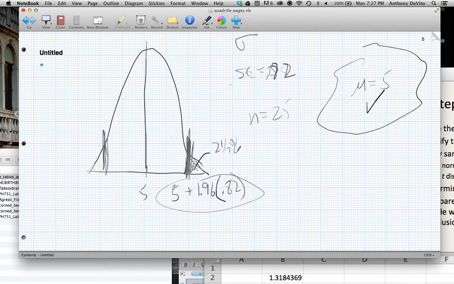Okay, so now, if I really knew sigma, and that's how I got my standard error.